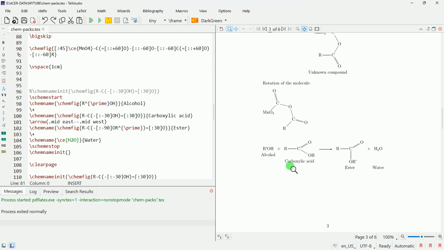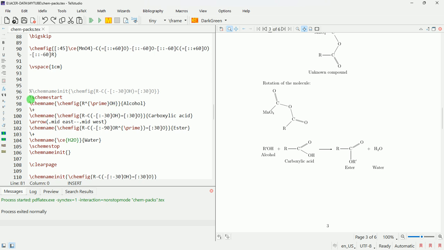So here its own level is much below this level, therefore it is not taking this level. Whereas you see water and ester are at the same level, because water, even though it could have been written here, has taken the level of ester. But this one has not taken the level of alcohol, because originally it is much deeper than this. But this one is deeper than water. That's why water has taken the ester level.